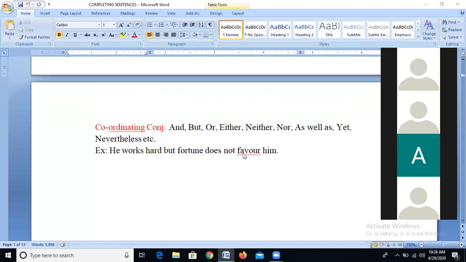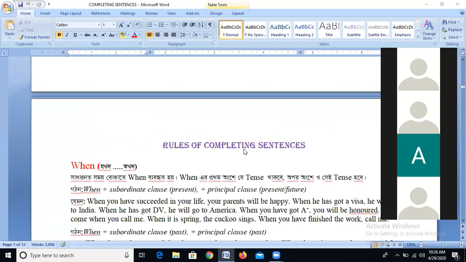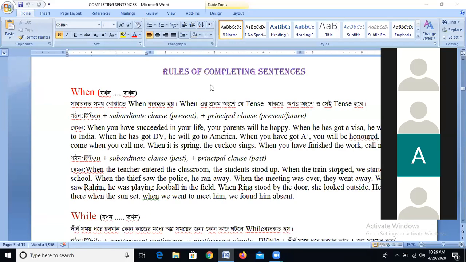Okay. Now I will take you to some rules of completing sentences. So how can you complete sentences efficiently, or how can you complete sentences correctly?